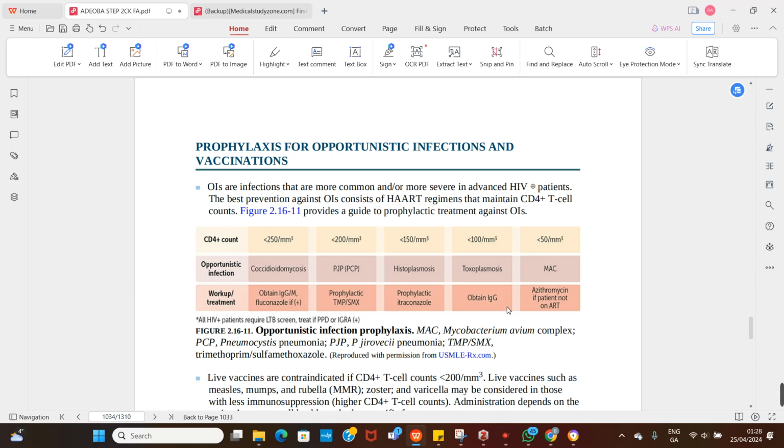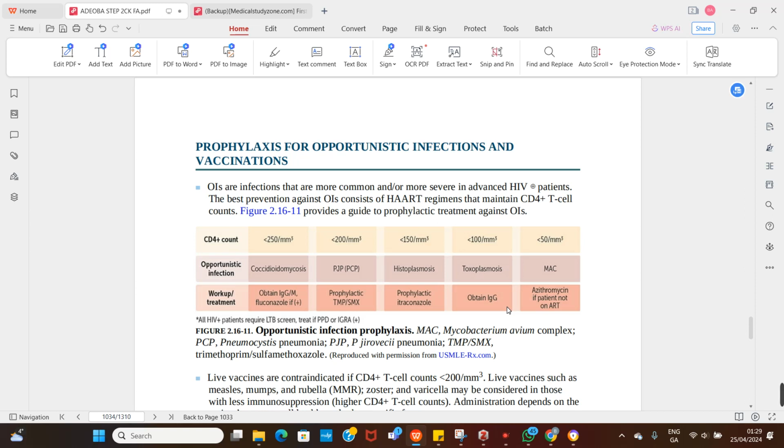If it's less than 200, just consider PCP immediately and give your Septrin. If it's less than 150, think about histoplasmosis. Give your itraconazole prophylaxis. If it's less than 100, toxo. Do IgG. Is it positive? Then give your Septrin for your prophylaxis.